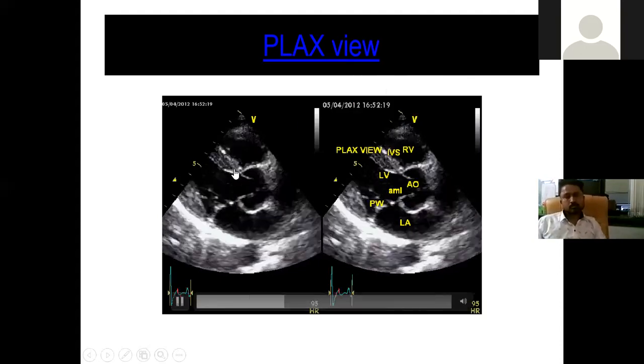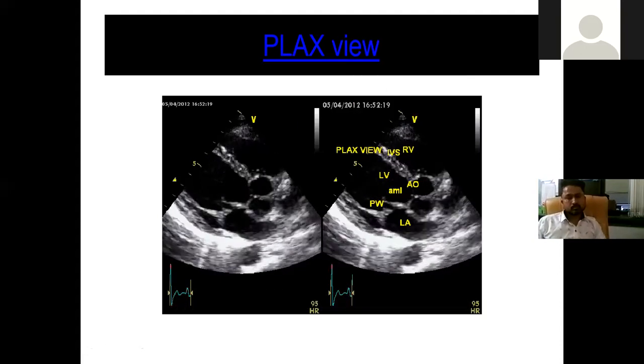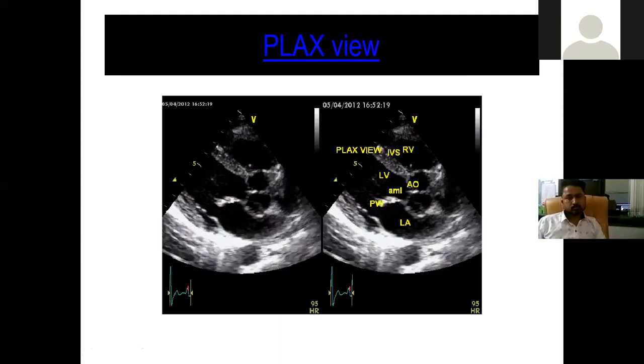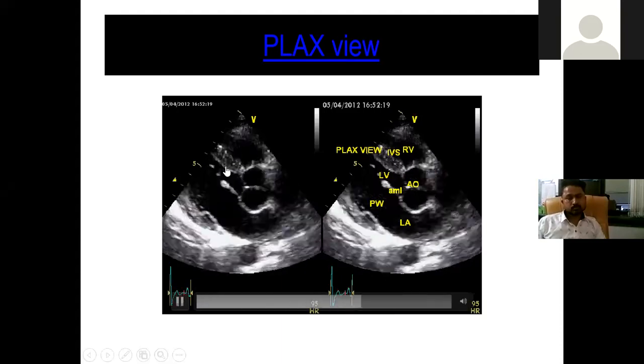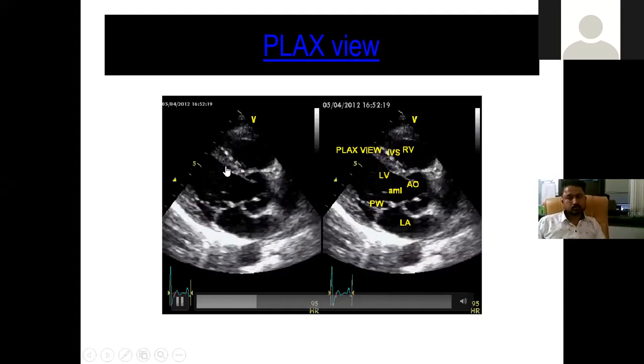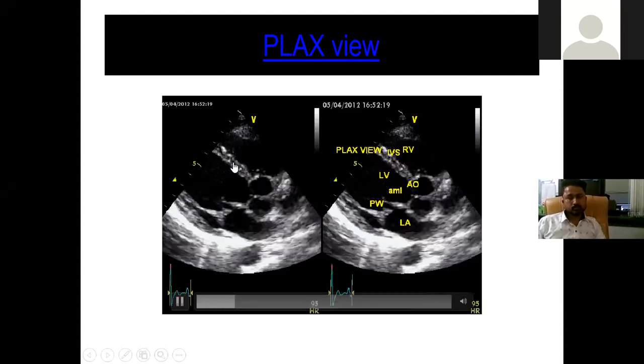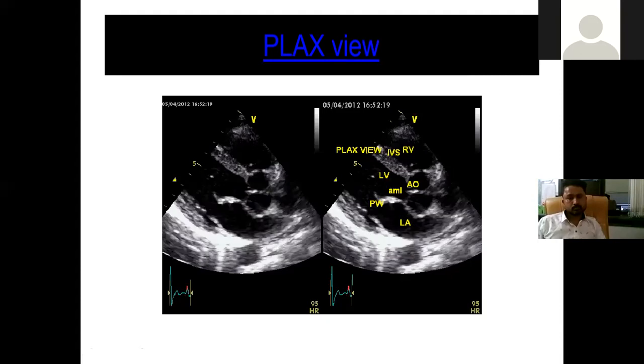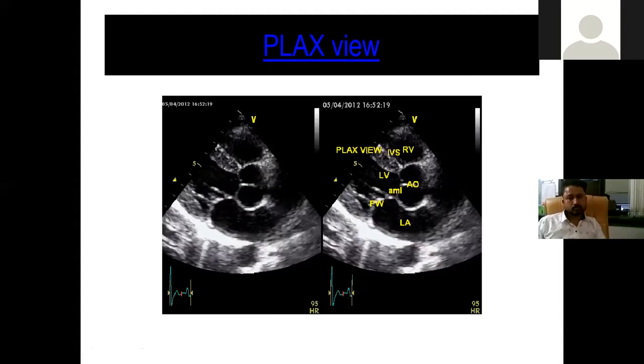if this basal anterior septum is involved, it is supplied by the D1 branch of LAD. What does that mean? If my D1 branch is involved, it means I'm dealing with a proximal LAD lesion.